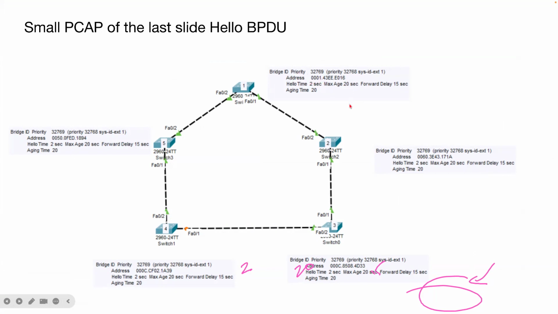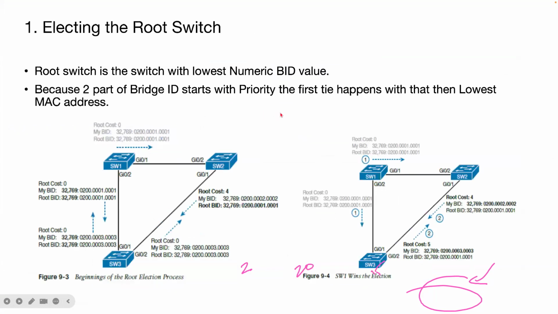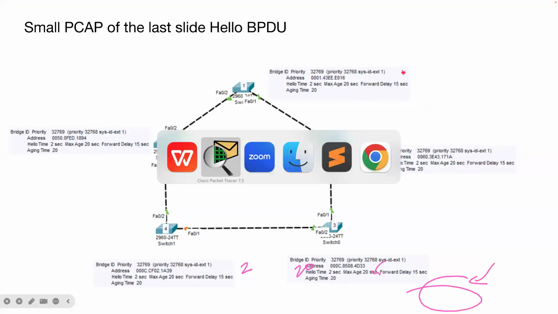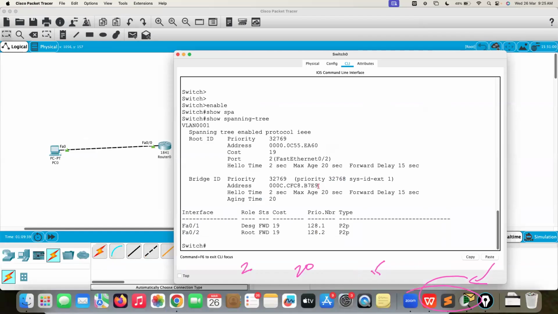Same output mentioned here. Which value? 32768. And these timers are constant: hello 2 seconds, max age 20 seconds, forward delay 15 seconds. Here also you can see the same. Same, right?